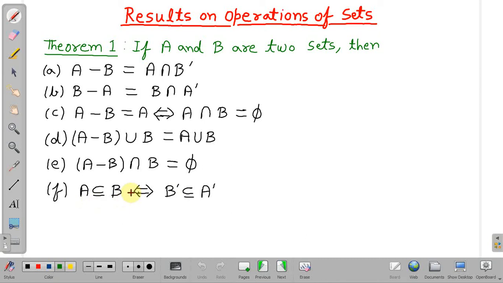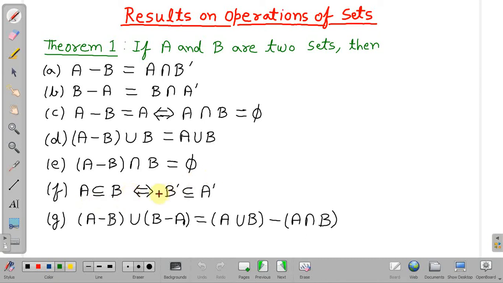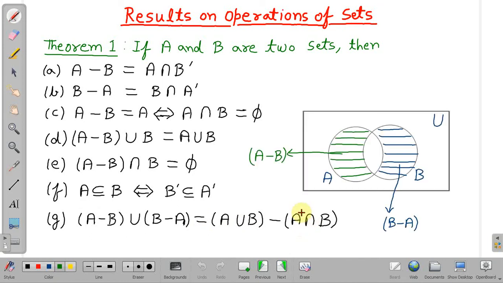The next result is A minus B union B minus A will be equal to A union B minus A intersection B. We will try to verify this using a Venn diagram. Coming to the LHS, this green shaded area is A minus B and this blue shaded area is B minus A. The union gives this whole shaded area, so this is our LHS.